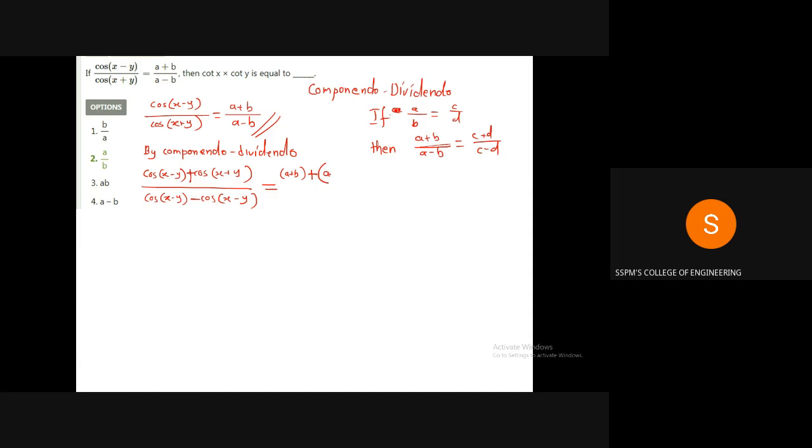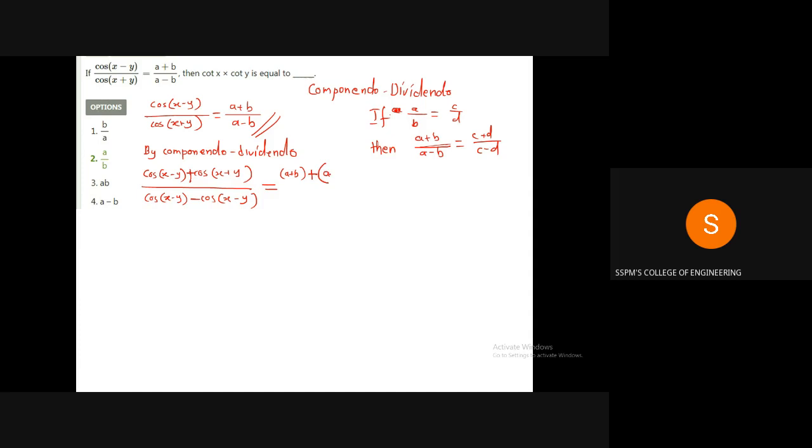So there are a few formulas to solve the problem. I will write the formulas. 2 cos a cos b is equal to cos (a minus b) plus cos (a plus b).